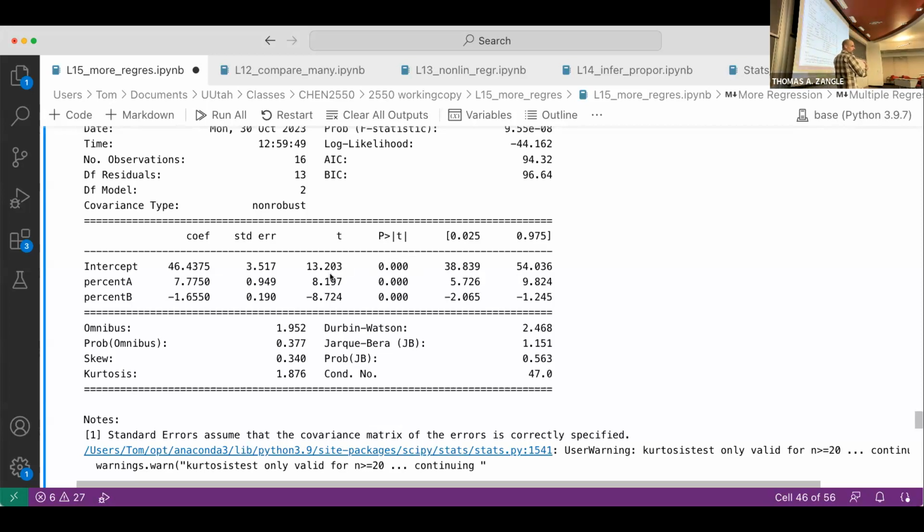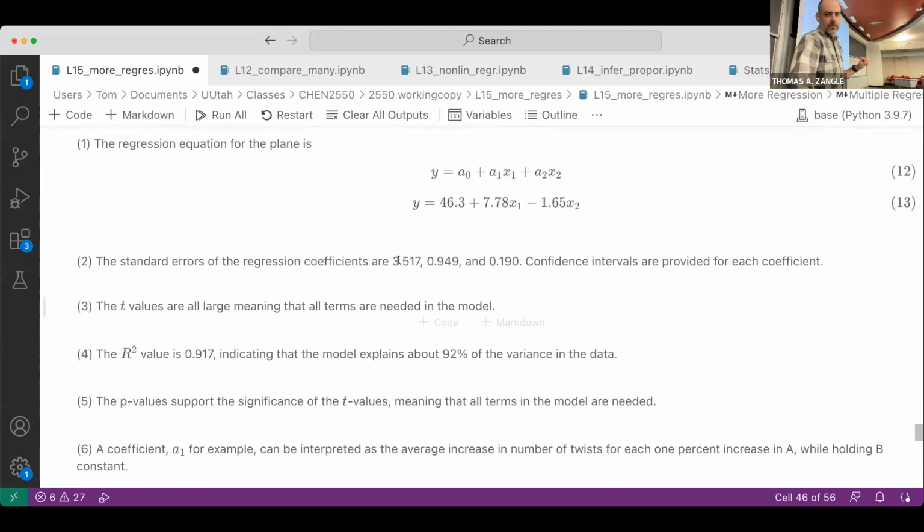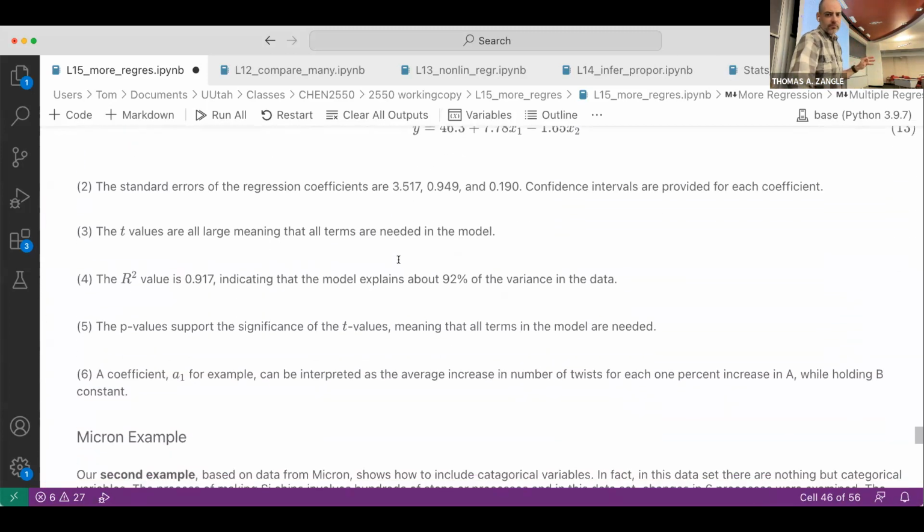One way to interpret it is whether or not percent B is needed to help explain the variation that was observed in, in this case, the number of twists before failure. And the fact that we have really low p-values indicates that, yes, we do need those terms. In this case, we need all terms in the model in order to explain the variation that we saw in the data.